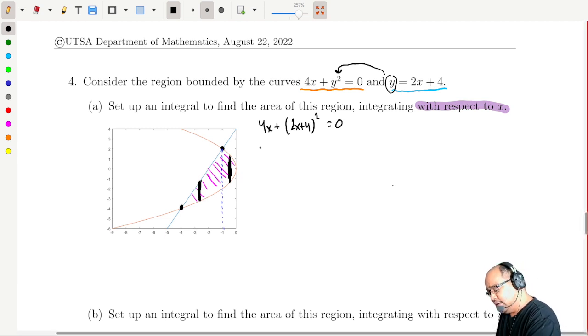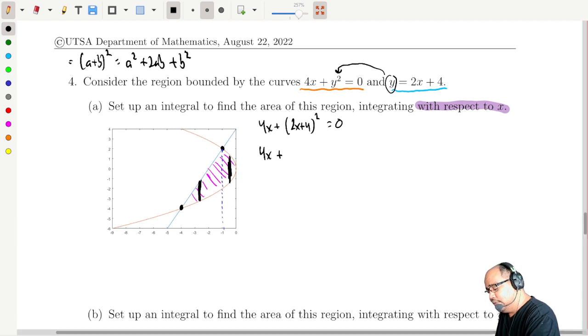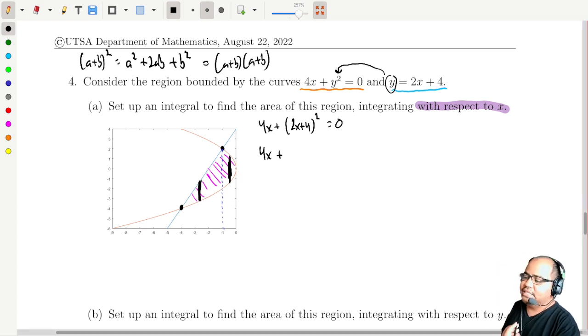And I'm now going to go ahead and just expand using our favorite rule here, which I'll write down. (a plus b) squared is just a squared plus 2ab plus b squared. If you need to remind yourself of that, go ahead and write down a plus b times a plus b and distribute properly with the multiplications.